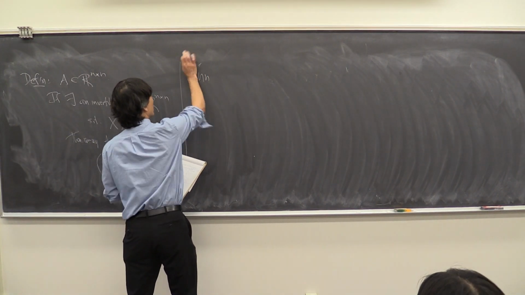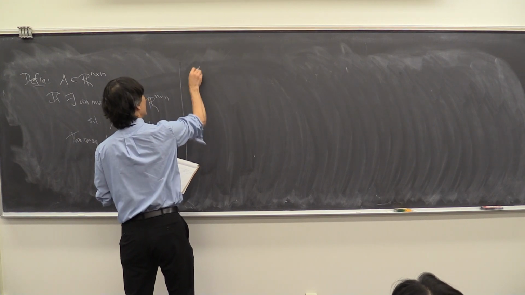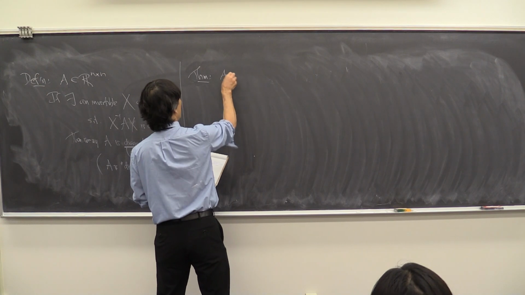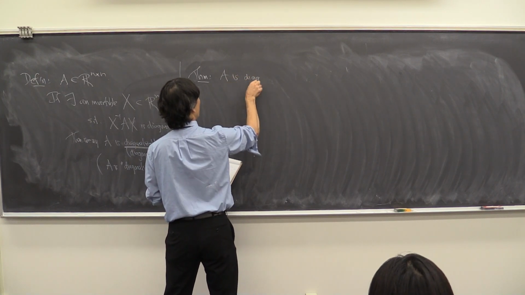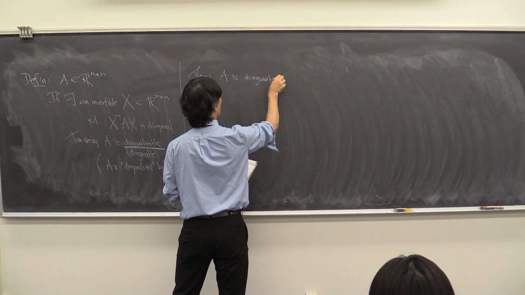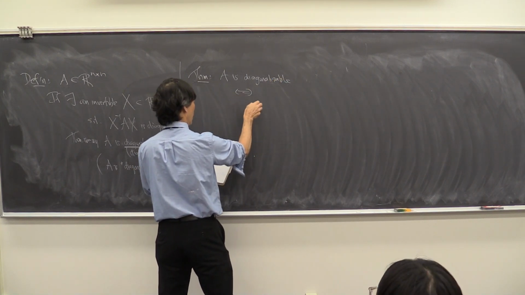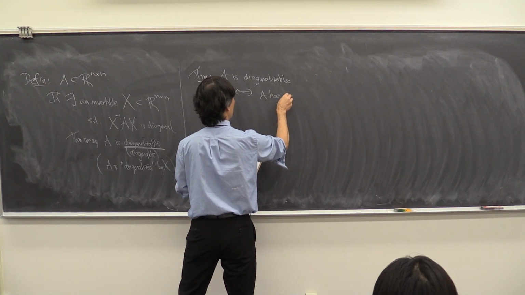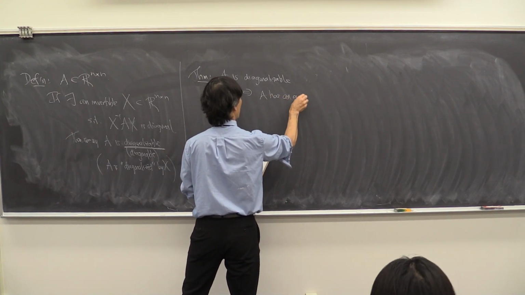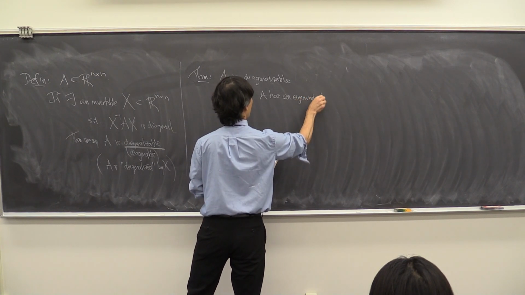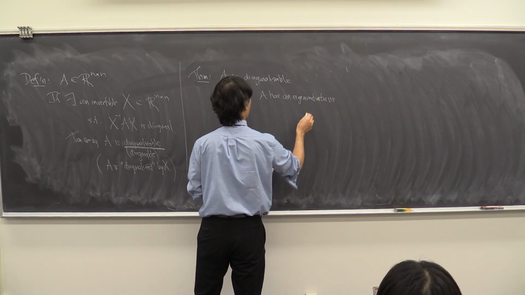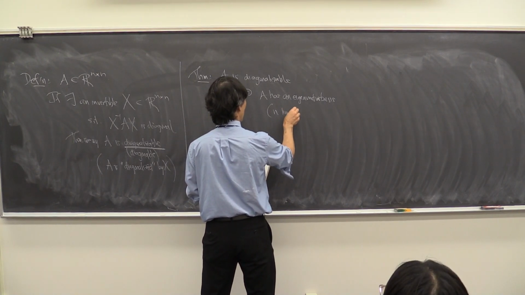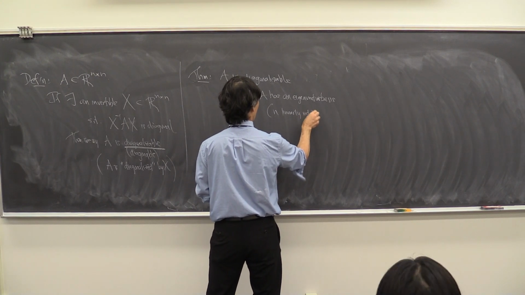I'll say that more clearly in a second, but before we do that, let's do something pretty straightforward: A is diagonalizable if and only if A has an eigenvector basis. In other words, n linearly independent eigenvectors.